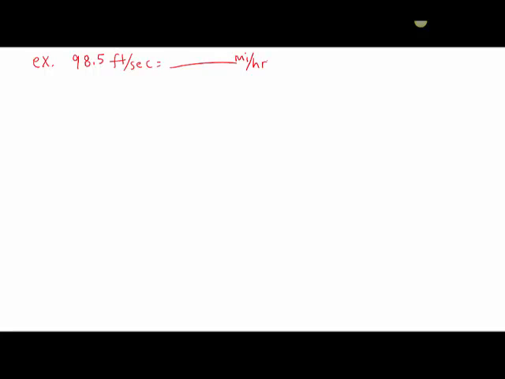So in this case, we have two conversions, but you can put it all up there. So we have 1 mile equals 5280 feet, but we also have 1 hour is 3600 seconds, because we have miles per hour and feet per second. So we have to do two conversions in one.